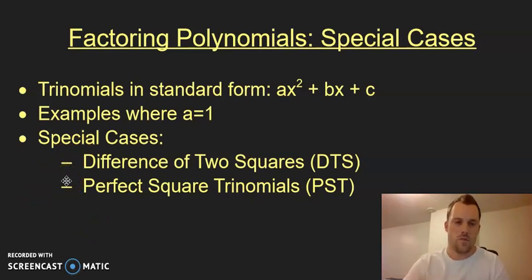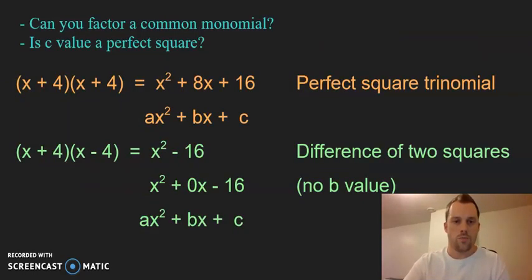The names of those isn't as important as understanding what to look for when factoring. We still want to look for a common monomial to take out and simplify our expression or equation, as always. But the main thing here is our c value is going to be a perfect square.